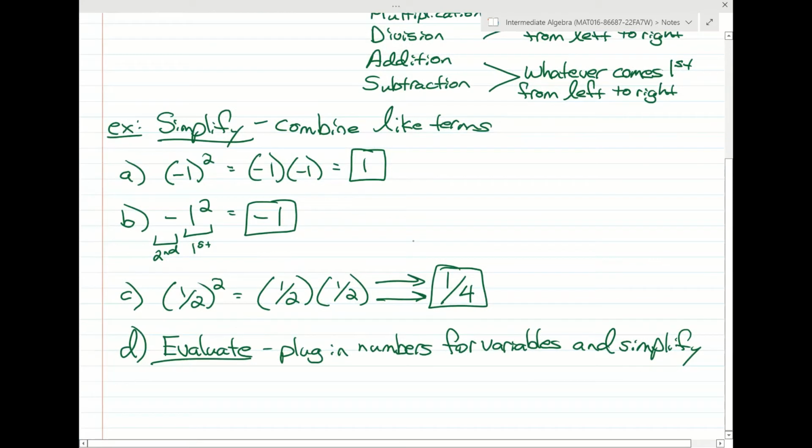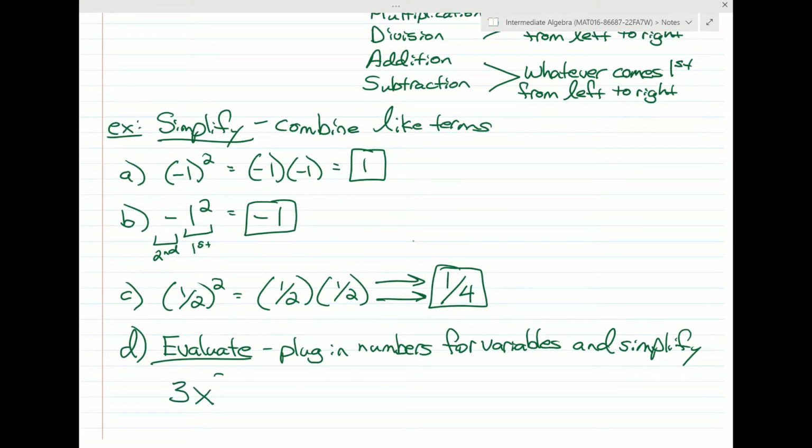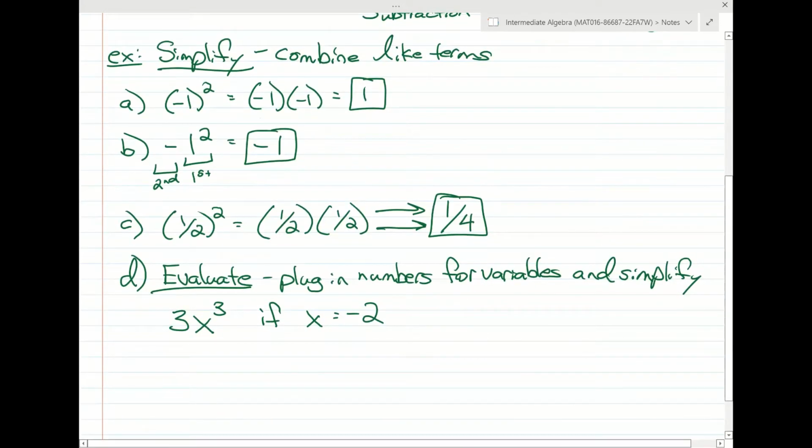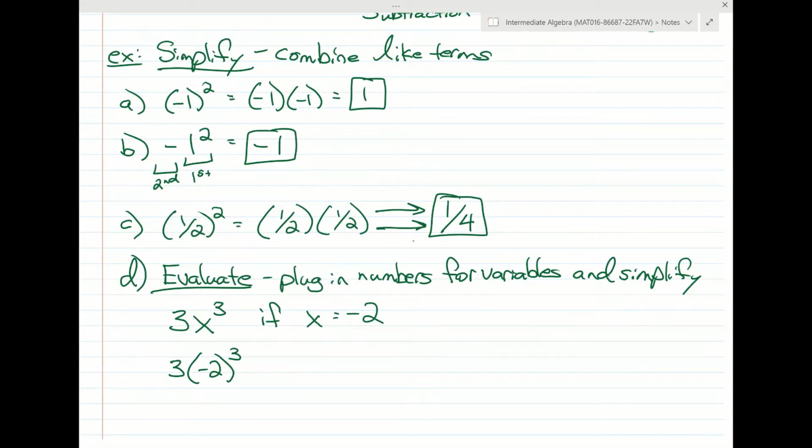But this last example, if I asked you to do 3x to the third, if x was equal to -2. What you'll do is you just put -2 in for x. We have exponents and we have multiplication.